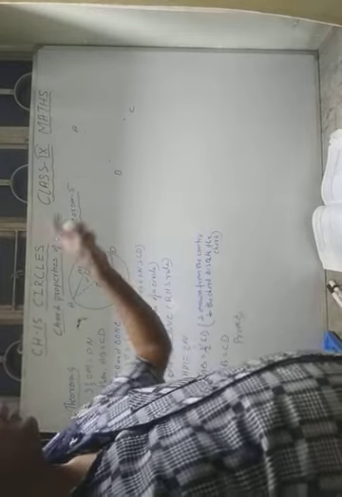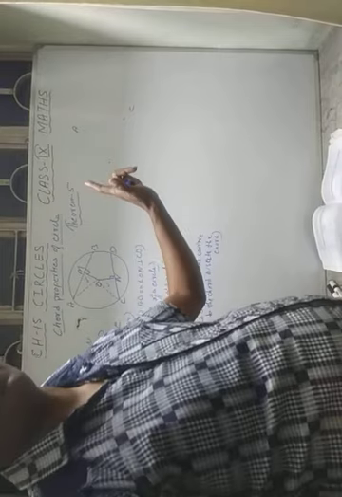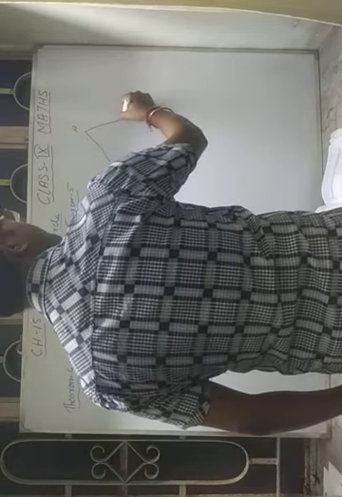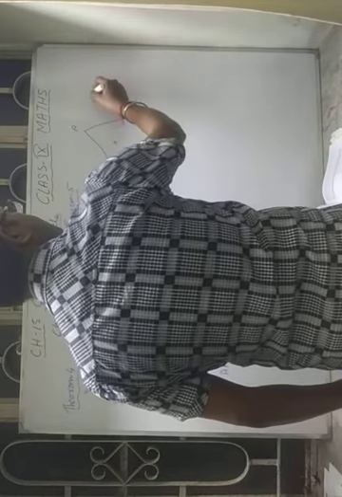So it is said that from these three points only one circle can be drawn. How is it proved? To prove that, we have to do some construction work. So you join AB and AC. Now draw the perpendicular bisector of both AB and AC, like this.